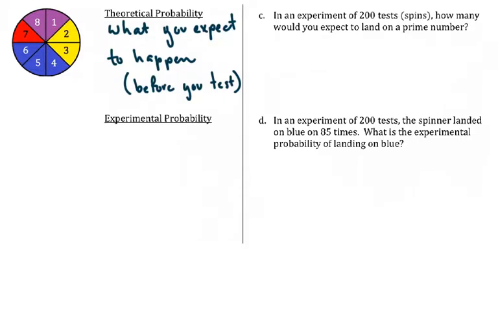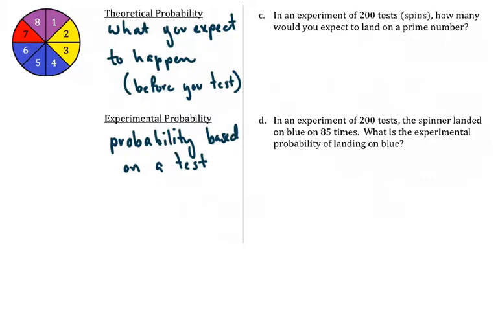However, if we did a test and it only ended up on yellow 20% of the time, we wouldn't necessarily say, oh no, we were super wrong. It's just that the world doesn't always perfectly work out the way that we think it should. And that's the difference between theoretical and experimental. Experimental is probability based on the test you did. So while the theoretical probability might be 25%, if we actually did a test, it might be anywhere between 20 and 30 and still be just fine. Again, usually close, but they're very rarely exactly the same between theoretical and experimental.